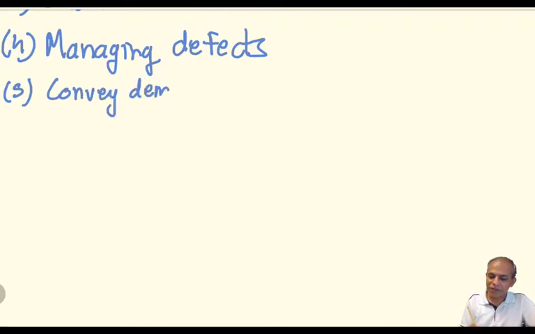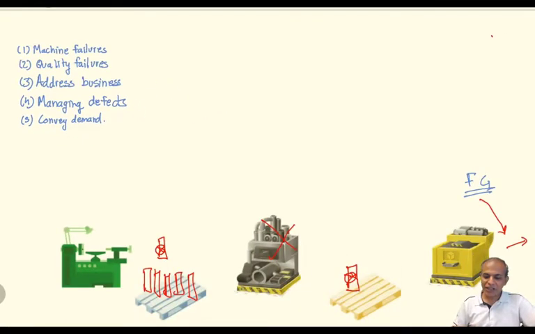Okay, that's the fifth challenge: convey demand quickly within the facility. And the last challenge that we have is with respect to this idea of small batch sizes. Now when we have very little inventory, as in one unit in this case, we are producing one unit at a time, and we are producing different units.